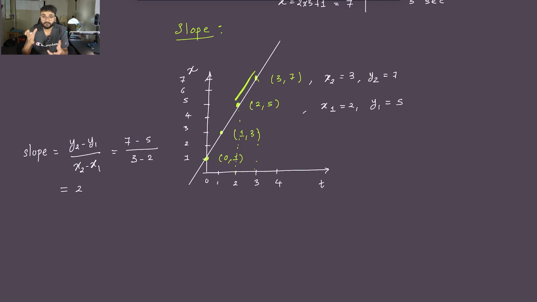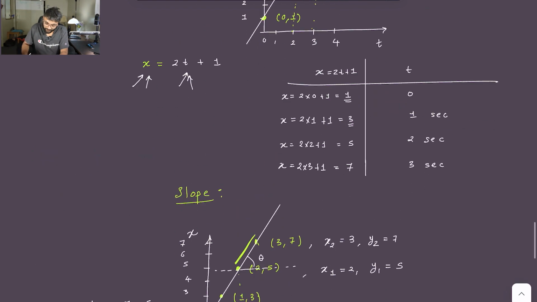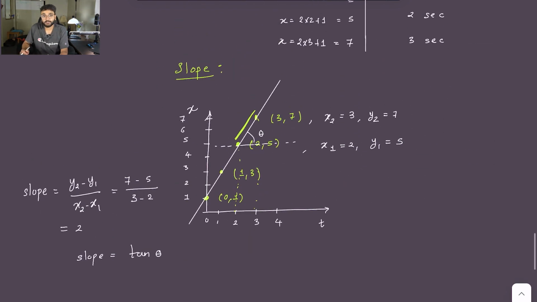Now there's a different way to look at slope, and that is if you make a horizontal line like this, and let's say this angle is theta, then slope is equal to tangent of theta. You will probably know or have seen earlier what tangent means.